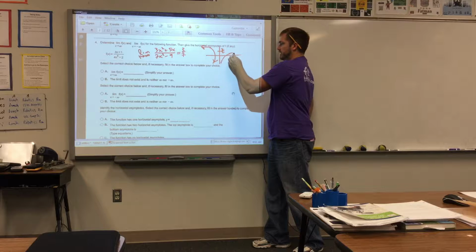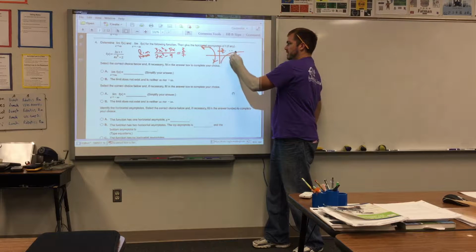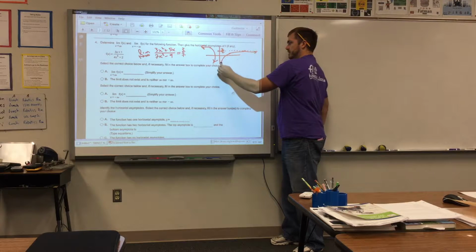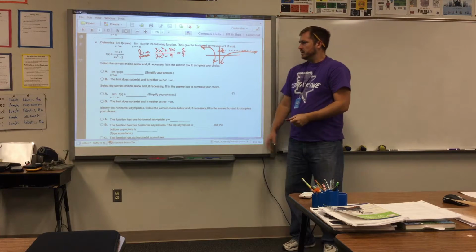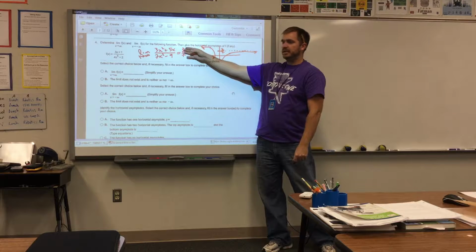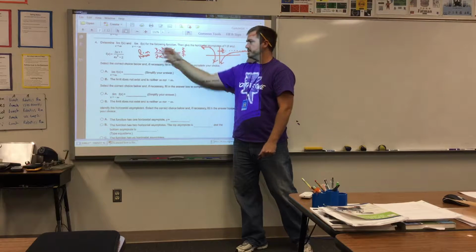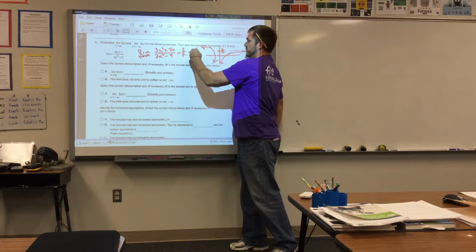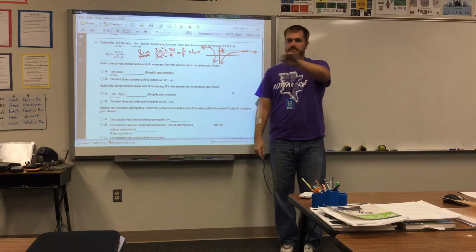So 3/7, we're getting closer and closer to that. So if you have this tie goes to the coefficients situation, then that number right there is the horizontal asymptote.